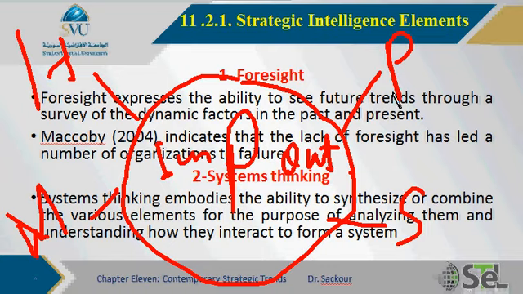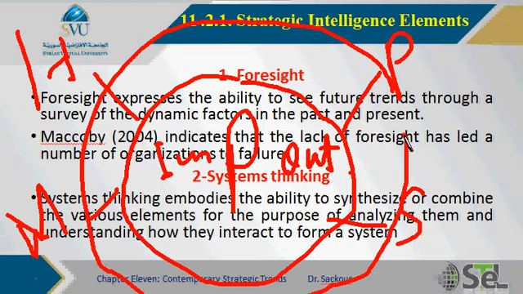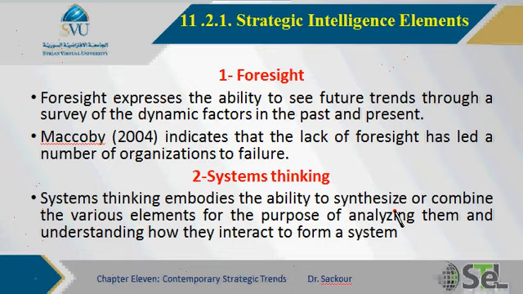So we have to think in a systematic way and work in specific ways, which is systematic, together and collect all this at the same time. Systems thinking embodies the ability to synthesize or combine the various elements for the purpose of analyzing them and understanding how they interact to form a system.